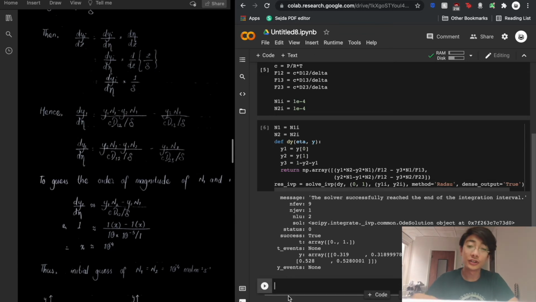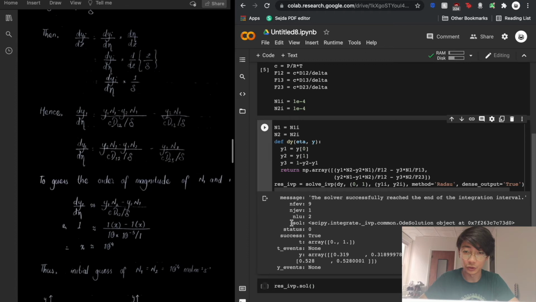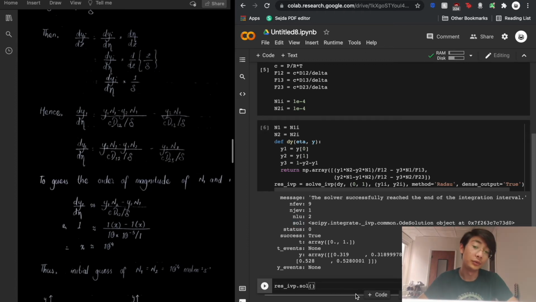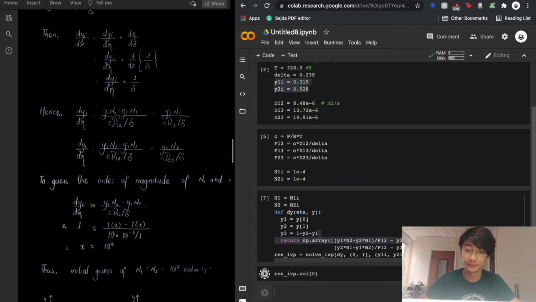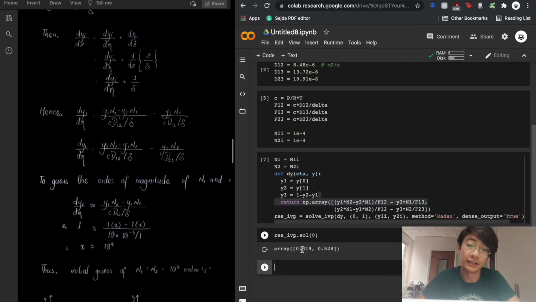And then in order to access the solution for certain values of eta, we use res_IVP.sol, because it's inside the solution, and the value for which we want the values of y1 and y2, let's say it's 0. So let's run all of that. Okay, and there we have it. It just returned us the initial values of y1 and y2.